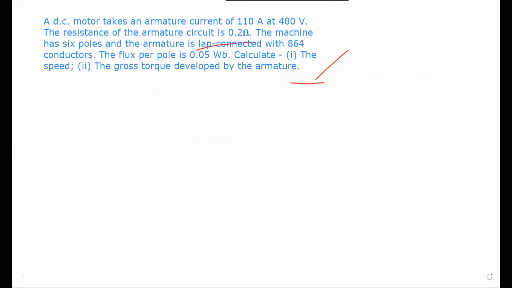Sir, last time for wave winding A equal to 2. So in lap winding, is it like that, A equal to P? Yeah, the value of A varies according to what is given in the question. Lap winding is always A equal to P. If they say it is lap connected, it will be equal to the number of paths, and the number of paths is equal to the number of poles. Sir, I think for lap winding A is equal to P, and for wave winding A is equal to P divided by 2. Yeah.